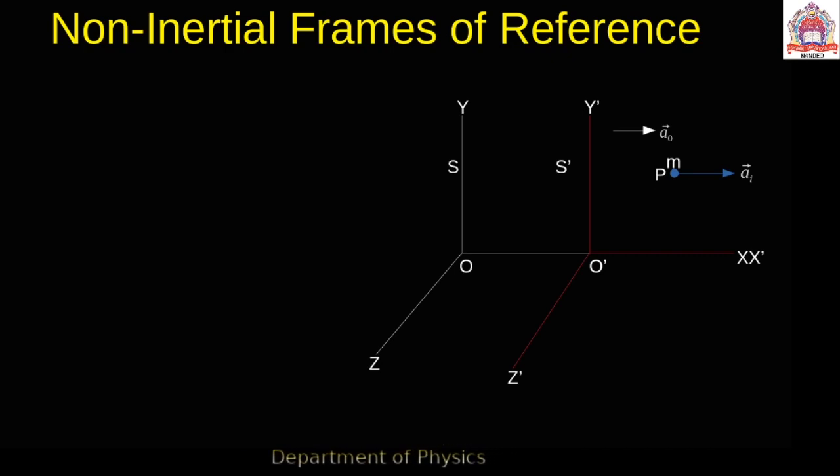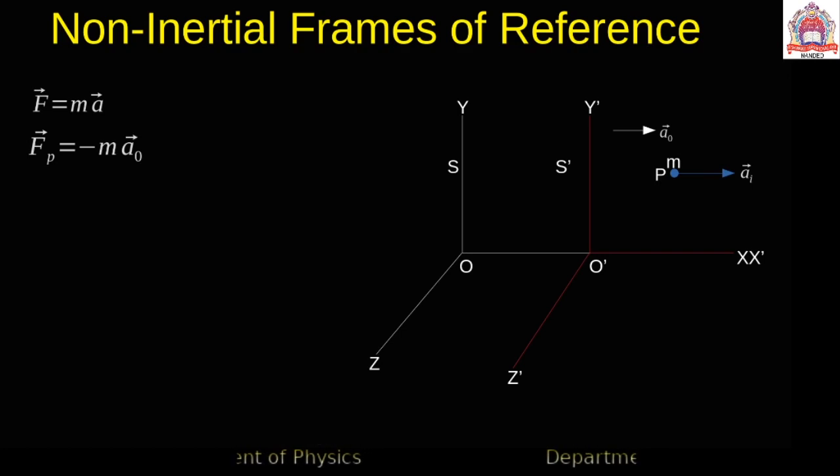This pseudo force on the particle P of mass m is given by minus m a0, unlike the real force F is equal to m into a. Now if this mass m has an acceleration aI in the inertial frame S, then the force which acts on this mass in frame S is F is equal to m aI.